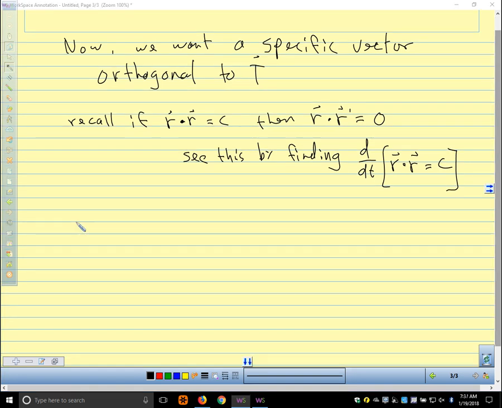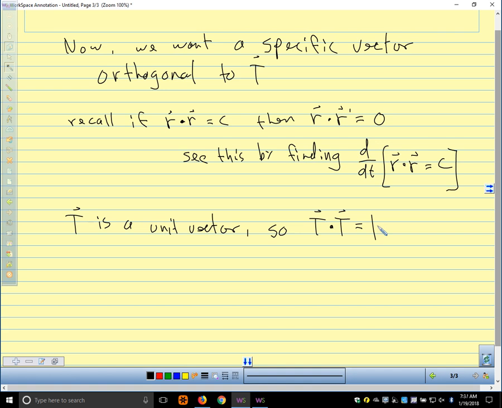The way we define T, because we found it by normalizing the derivative vector r prime, T is a unit vector. So T dot T, if we dot T with itself, it's 1.